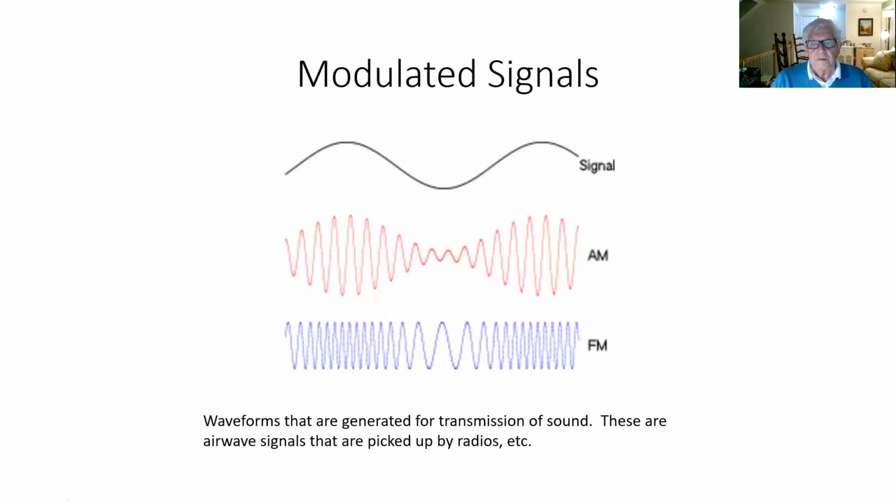Most important, we take signals such as audio signals, and we want to transmit them to a receiver, where they're picked up and we hear them on a radio or a TV. There are two basic modes that are used: amplitude modulation, AM, and frequency modulation, FM.